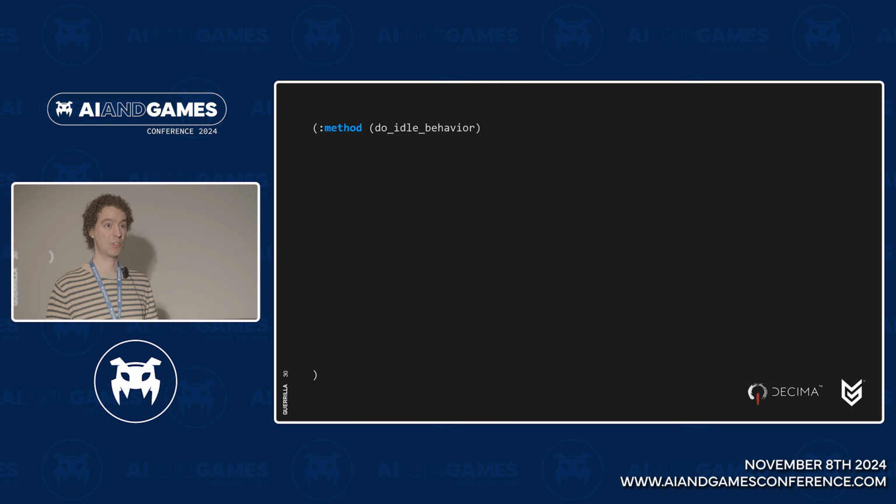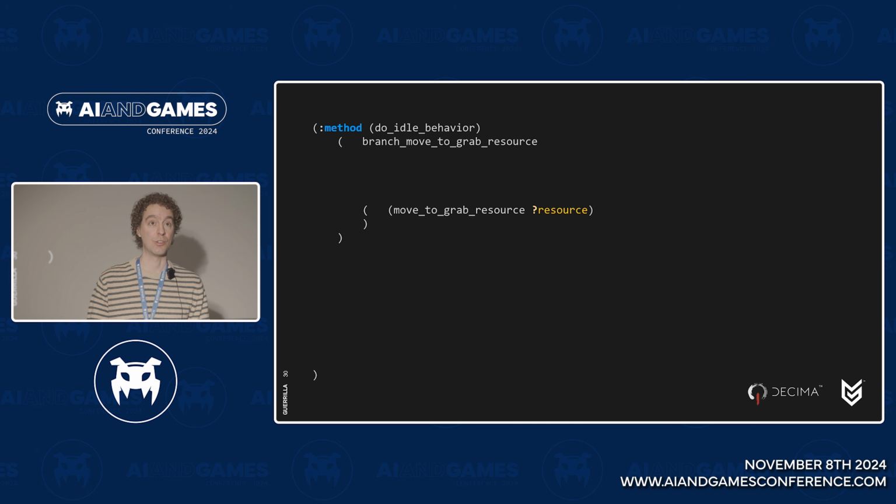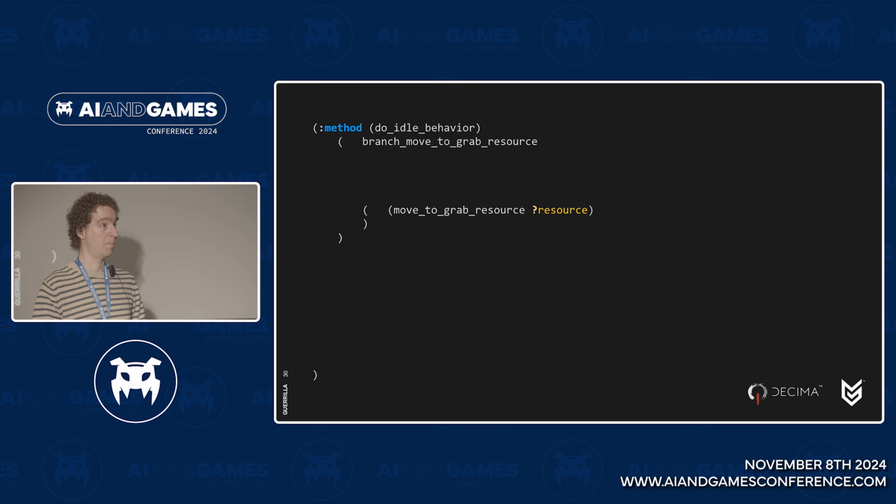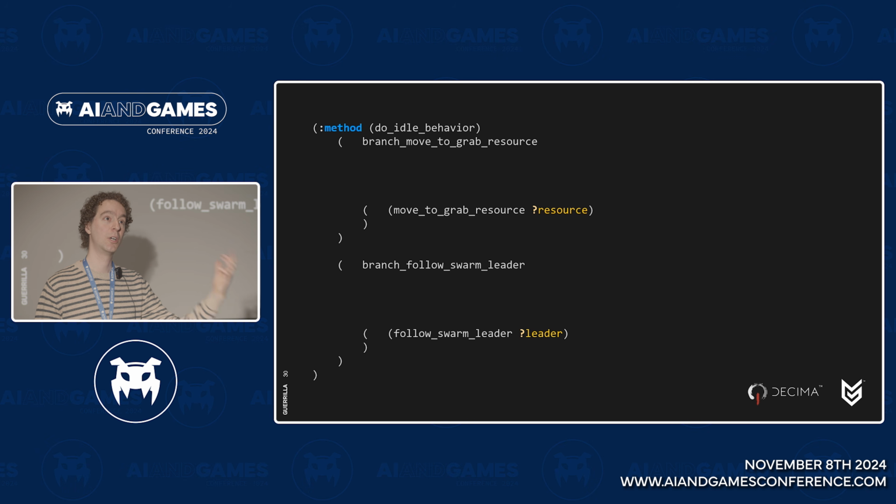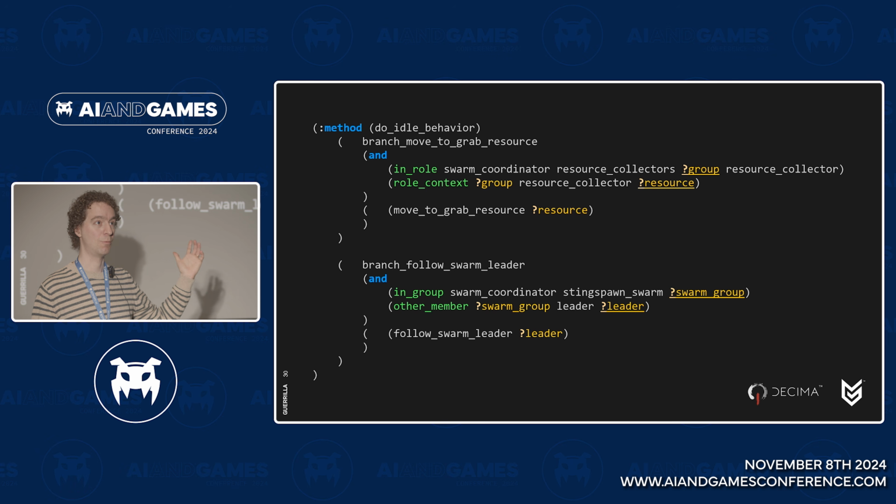So here we have the matching method for that task, and it too has 2 branches. It will either grab a resource, this is the behavior we just saw, or will follow the swarm leader. And this can then happen under these specific conditions.